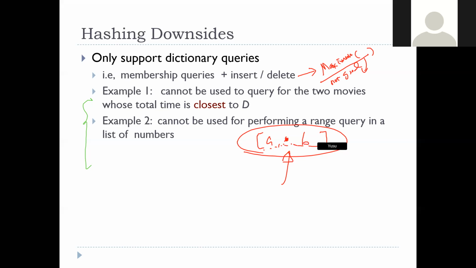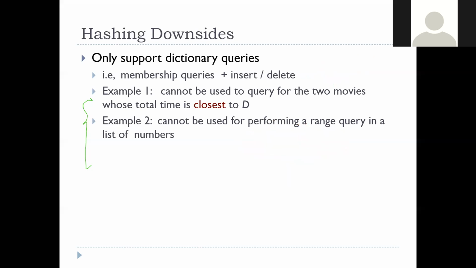But with the hash function, two neighboring keys, say 10 and 11, can be hashed to very different hash values. So you lose this locality in the hash value. Even if you know where 10 is hashed to, it doesn't mean you can efficiently get information about where 11 is. So the hash table in general is not effective for this kind of range query.